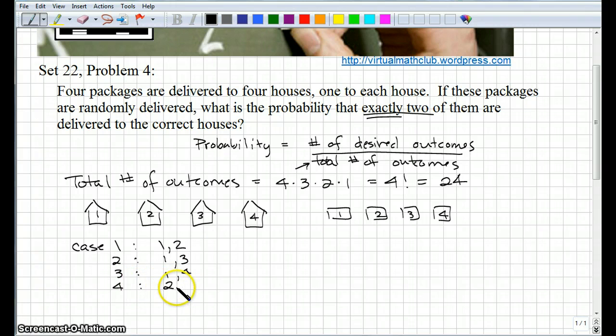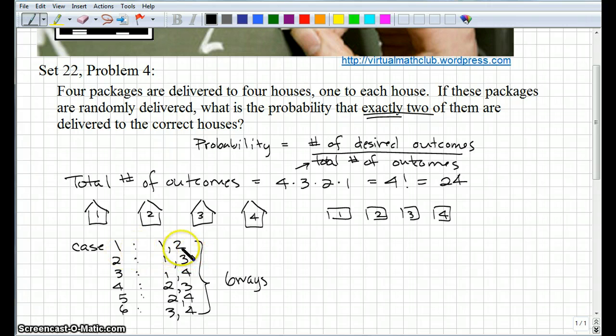Let's say 2 is delivered correctly. We've already got 2 and 1, so 2 and 3 could be delivered correctly. Or case 5, 2 and 4 could be delivered correctly. That's all the cases involving 2. And then case 6, 3 and 4 could be delivered correctly. And that's basically it. There's 6 ways that we could deliver 2 packages correctly.